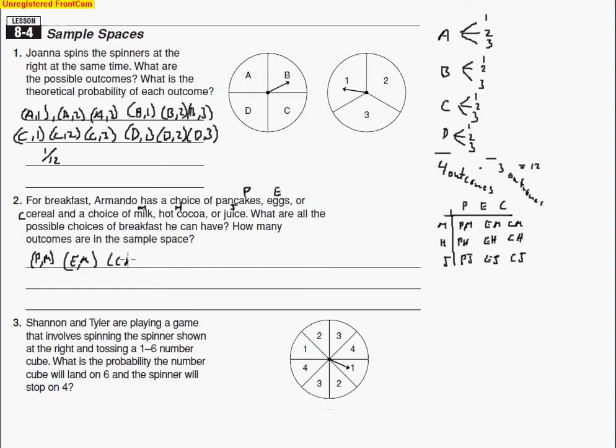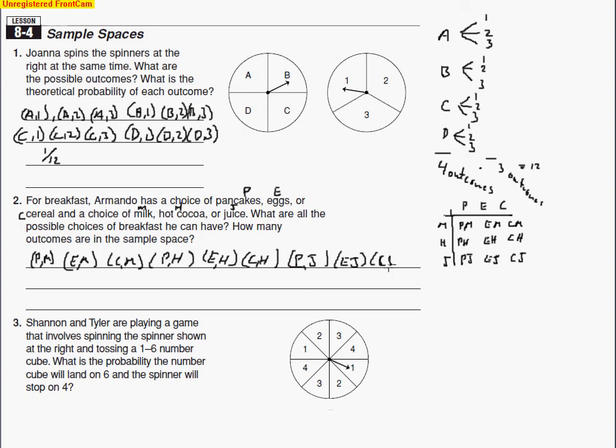So we also have CM, and I'll write down the PH, and I've got the EH, and the CH, and then we also had the PJ, we had the EJ, and we had the CJ.